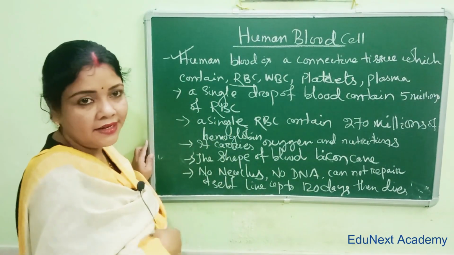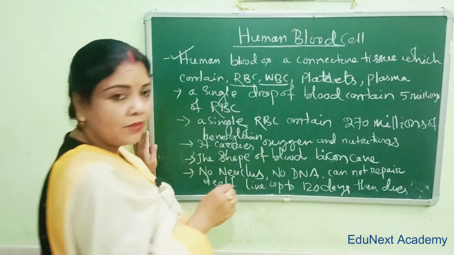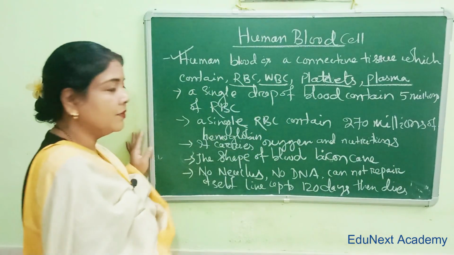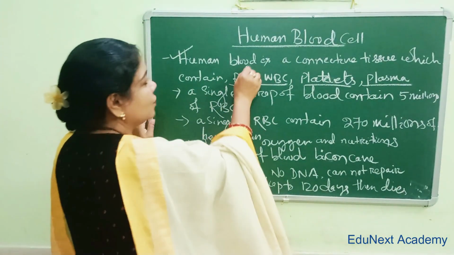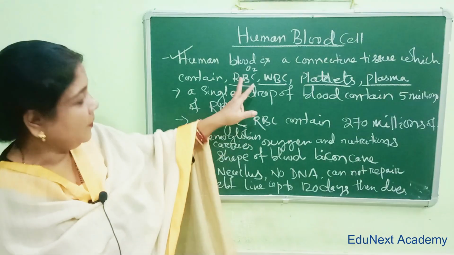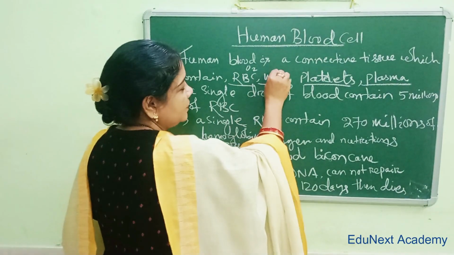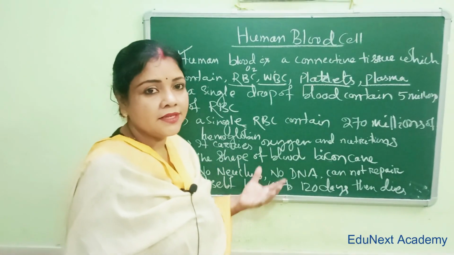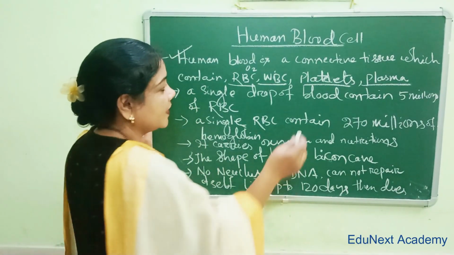RBC, red blood cells, WBC, white blood cells, platelets and plasma. RBCs are the oxygen carriers. WBCs fight against disease, it is a different system of the body.